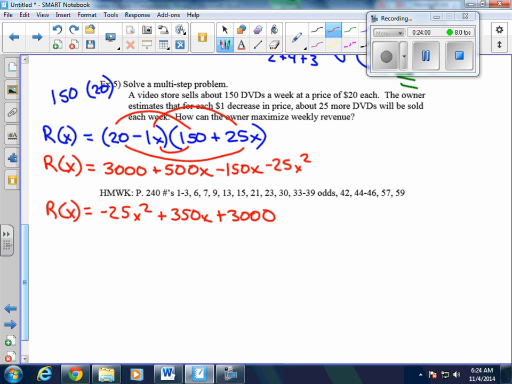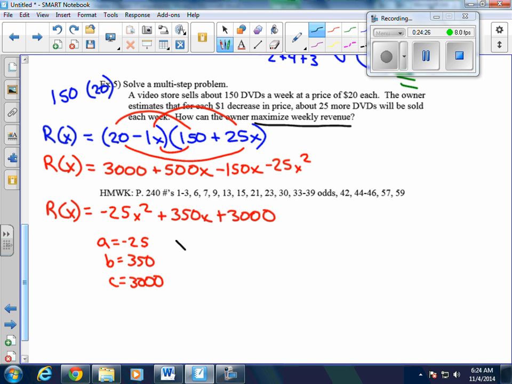So now we have this in standard form. A is negative 25, B is 350, and C is 3,000. So from here, what we want to do is look at maximizing his weekly revenue. We know that this parabola is going to open down. Again, they ask us for the maximum, so we have to find the vertex.